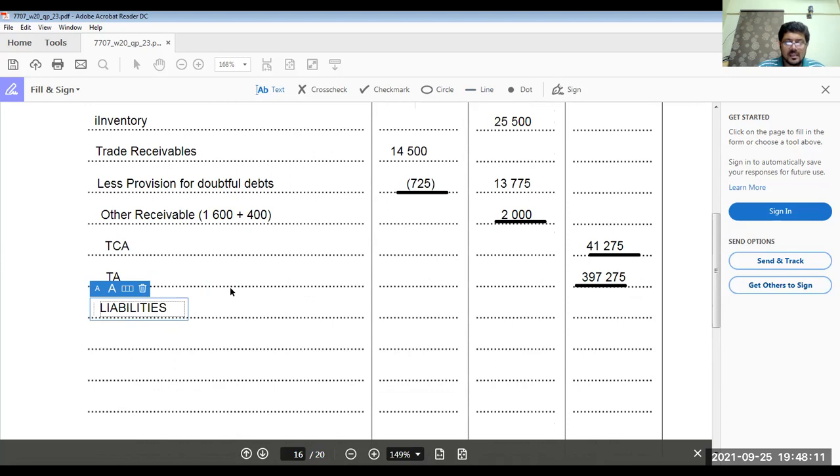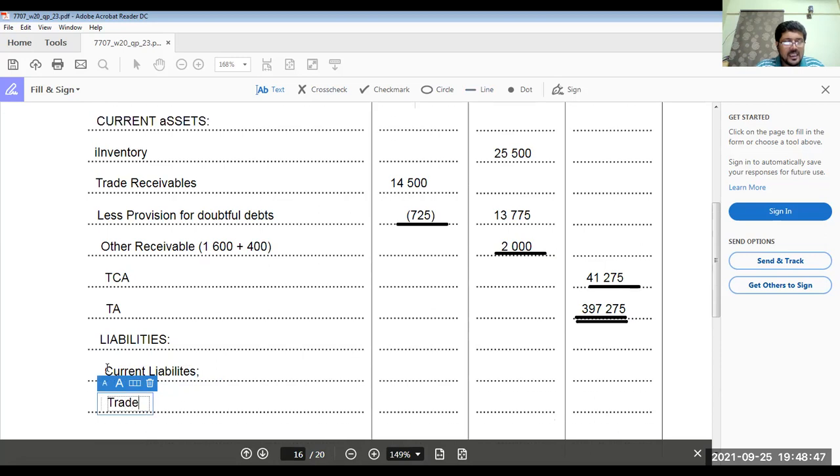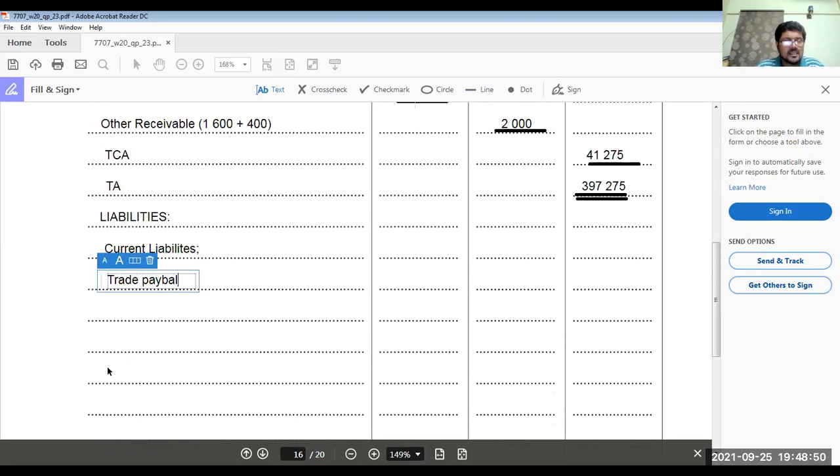Liabilities. Now, in liabilities, we will take current liabilities first. Now, current liabilities, we have trade payables, 8,250.